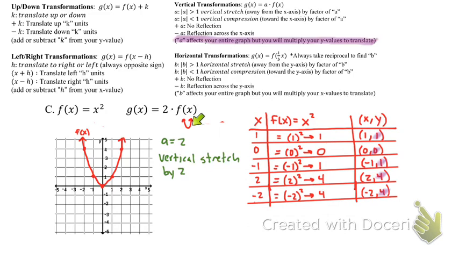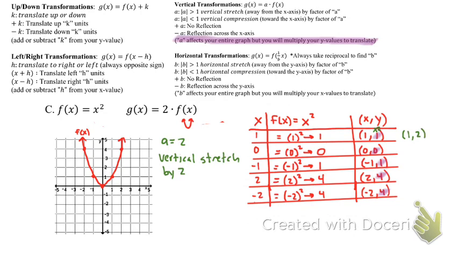In this case, my a is 2. All right, so let's do that. I'm going to multiply 1 by 2, and the new point I get is 1 for the x. That doesn't change, but my y value turns into 1 times 2, which is 2.